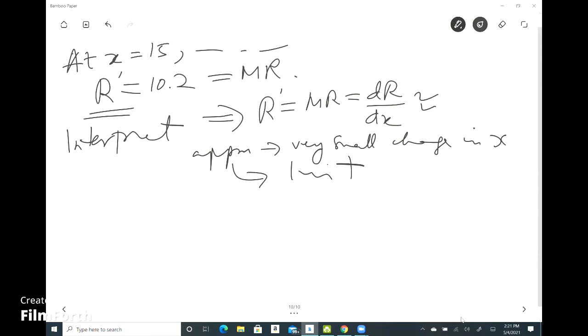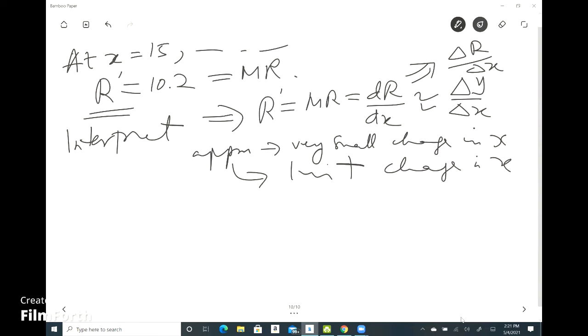When you do the interpretation, you use the delta y over delta x, approximately. So here you think of it as delta r over delta x. We are looking at a unit increase in the x, or unit change in x. So 1 unit change in x, either increase or decrease.